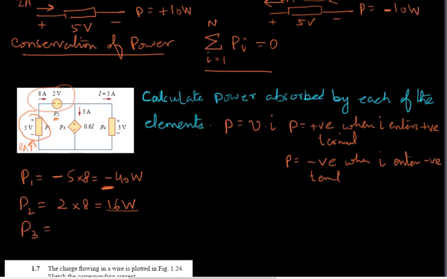Let's compute P3. P3 is simply voltage times current. So what is the voltage of P3? This is a slightly confusing example. So the P3 voltage is simply this expression which is written in front of the voltage source. So 0.6 times I is the voltage, and then multiplied by the current.